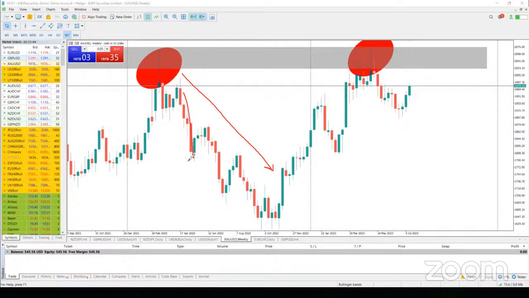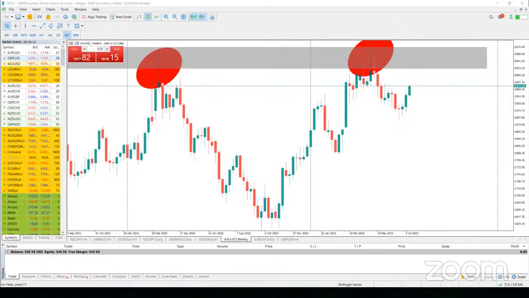Then at some point here, it seems to retrace or take a short pause. And then later, it resumes a very strong momentum to the downside before taking a little bit of a pause. Now, these parts which I am going to circle are what pullbacks are in the market.